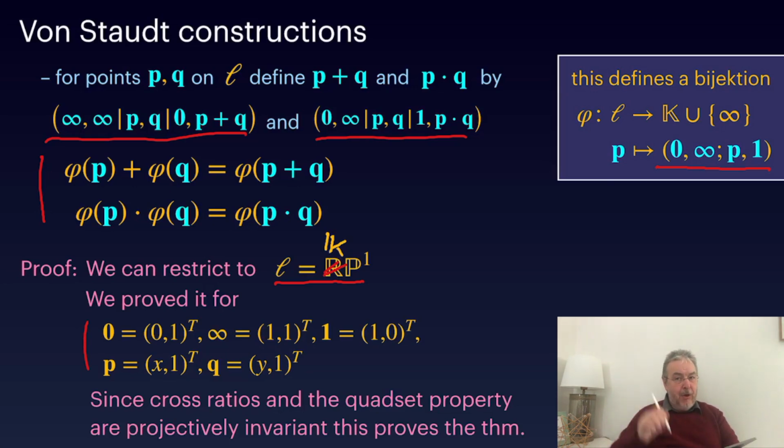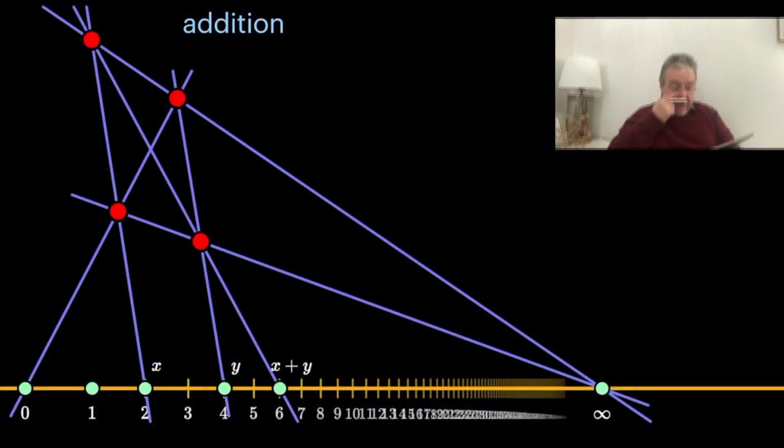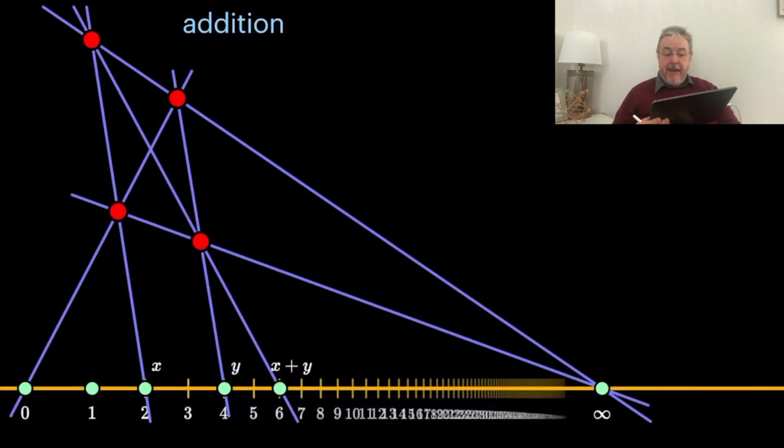Please press the stop button here and contemplate that slide and take all the logical steps that are necessary to make that work. Look at the interplays of quadsets, von Staudt constructions, the bijection we have, projective invariance, because everything comes together in this one slide.